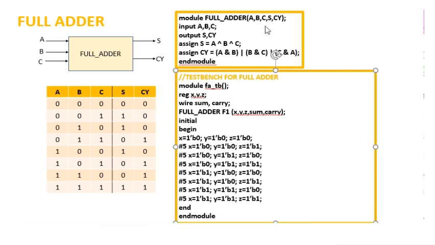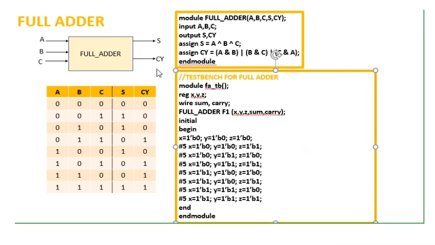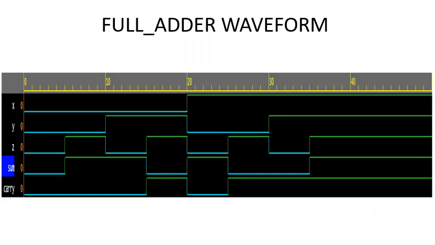So this is the test bench for the full adder. Observe the waveform of the full adder. In the stimulus block or the test bench program, we have applied a new input combination every 5 time units. Initially for time t equal to 0, x, y, z are 0, 0, 0, sum is 0, carry is 0.